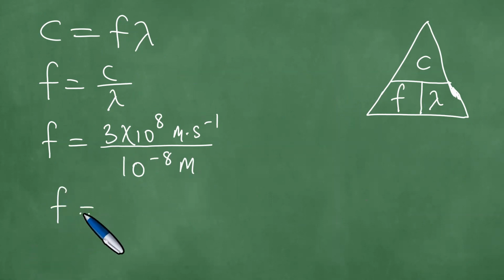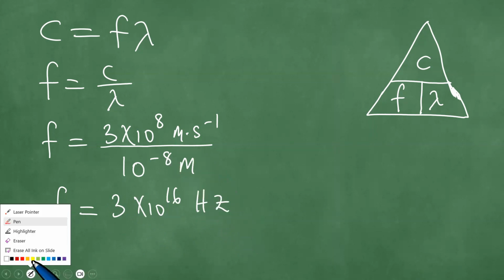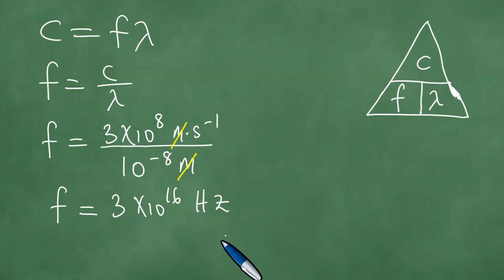If you use your calculator, what do we get as the answer here, Luyanda? Three times 10 to the power 16. Well done. It is exactly 3 times 10 to the power 16 hertz, or just per second, because the meter cancels the meter, and we have per second.